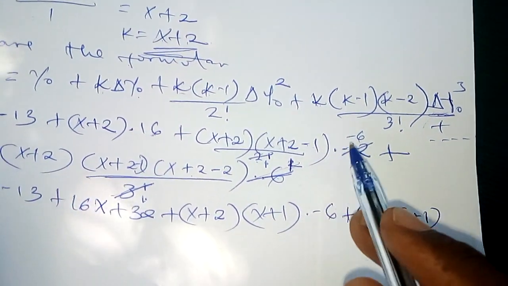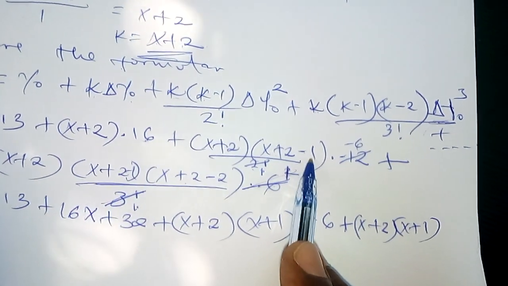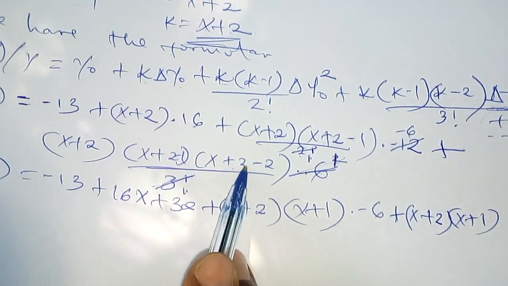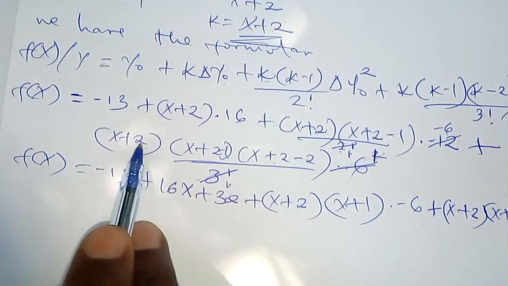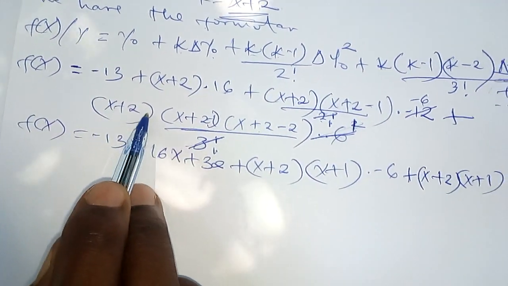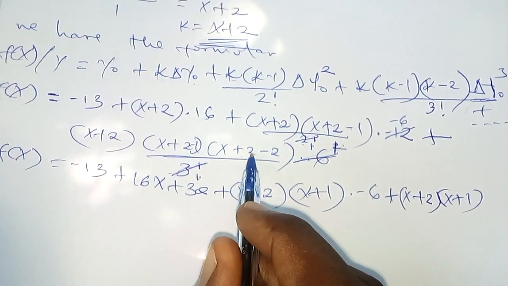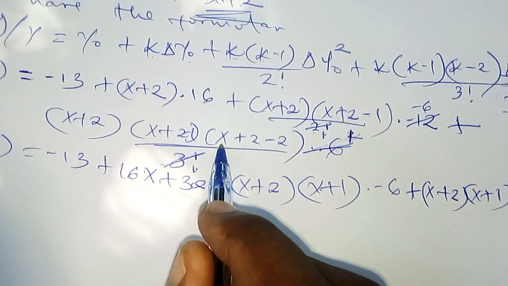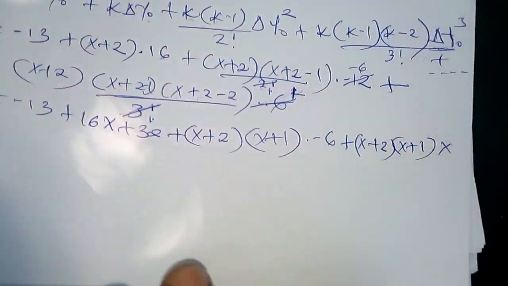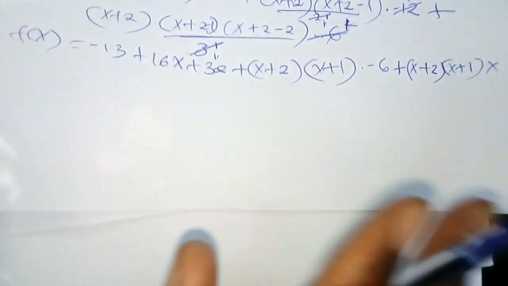Then the outer one is 2 minus 1, we remain with x. Now we continue simplifying.